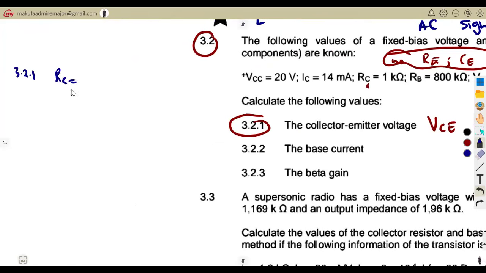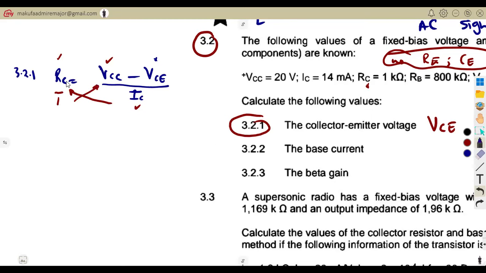So our RC, we saw from our formula sheet, is just taken from VCC minus VCE over IC. What you need there is the VCE, and everything is there. VCC is there, RC we have, IC we have. We just need to make this the subject of the formula. So how can we make it the subject? Just cross multiply these two.